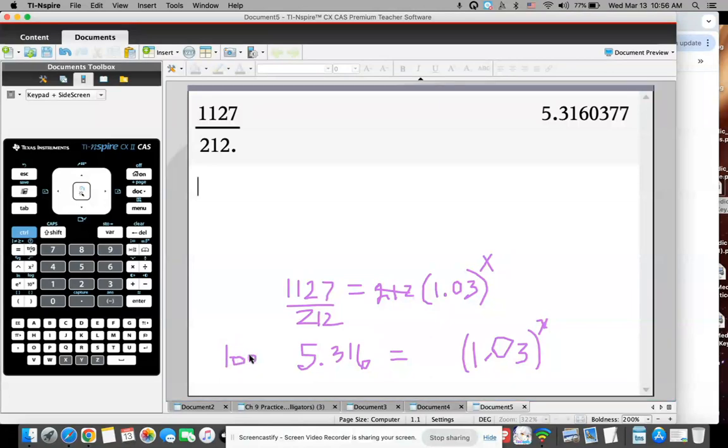Am I doing base 10? No, I am not. I am doing base 1.03. What? Yes, 1.03 base. Am I allowed to do that? Yes, you are. So there you go, 1.03 base. I'm going to do that over here, 1.03 base.